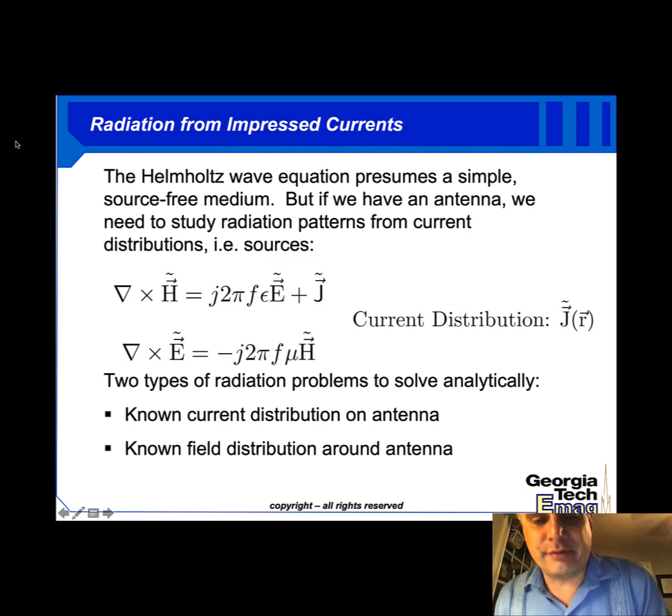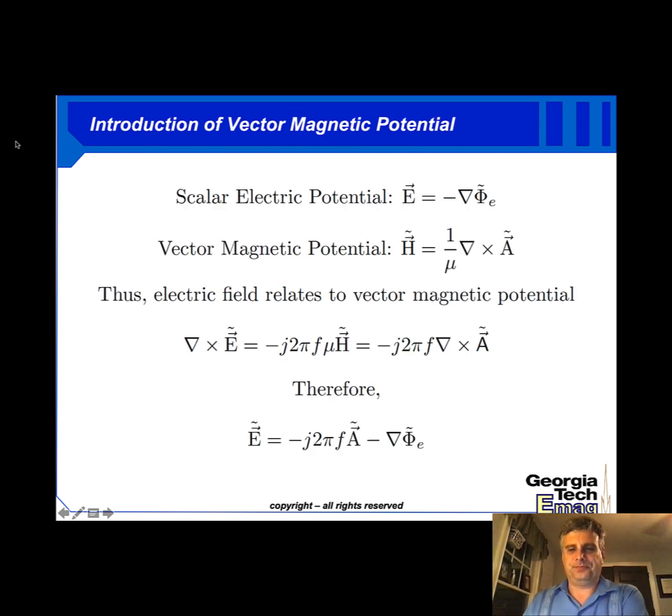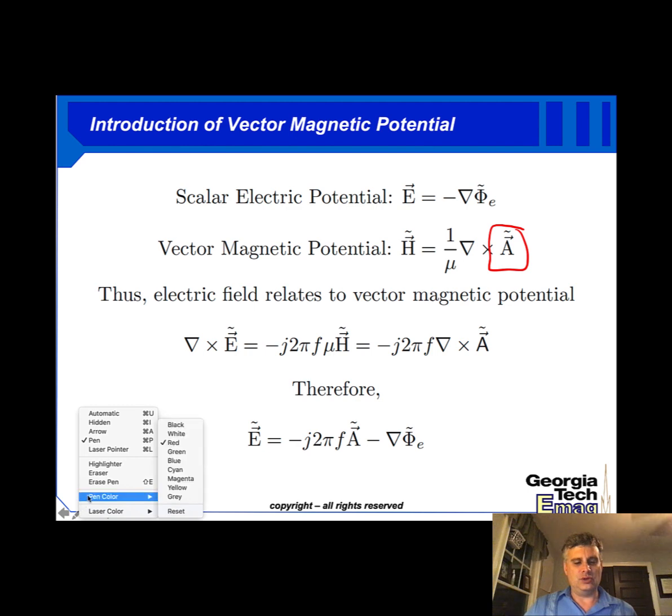So if we go back to the beginning here, where we define the vector magnetic potential. There's a theorem in vector calculus that says to completely describe a vector field, we need to do two things.